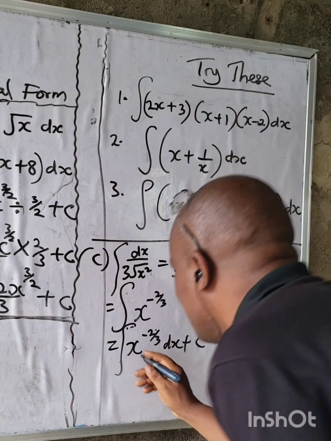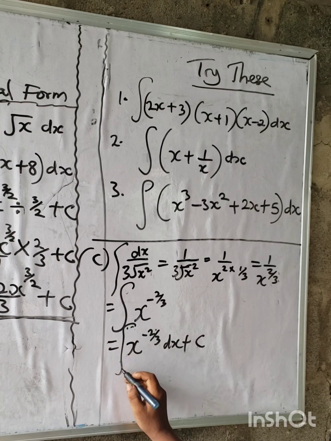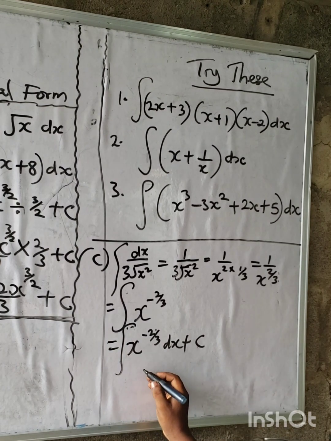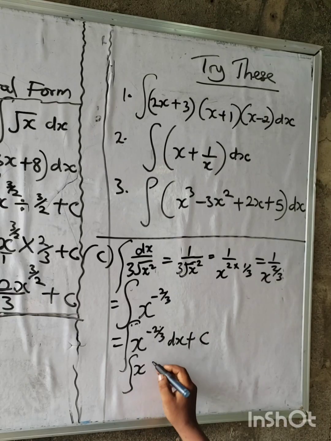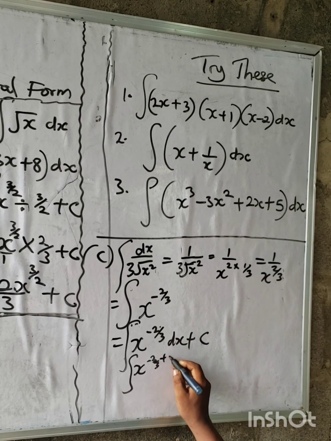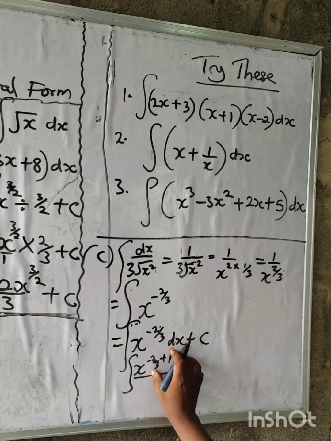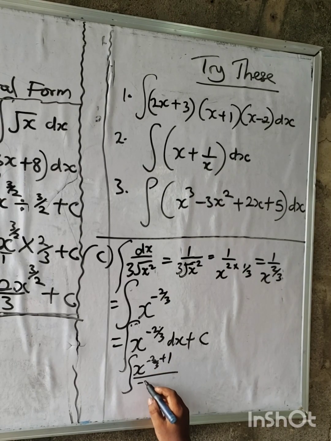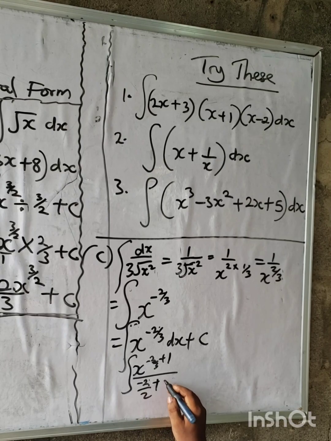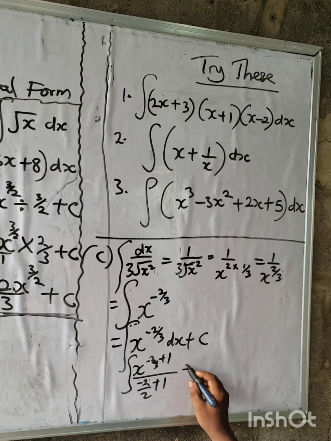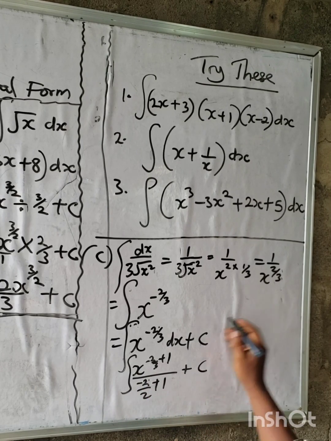How do we integrate this now? We want to integrate this. This will become s raised to power minus 2 all over 3 plus 1, divided by whatever we get here, which is minus 2 all over 3 plus 1. We are going to divide it, plus c.